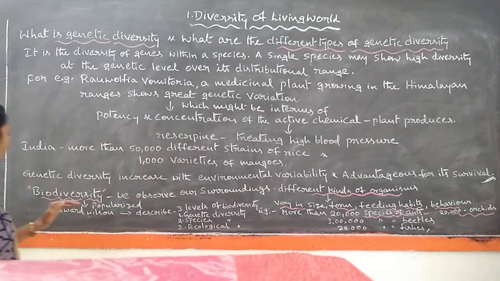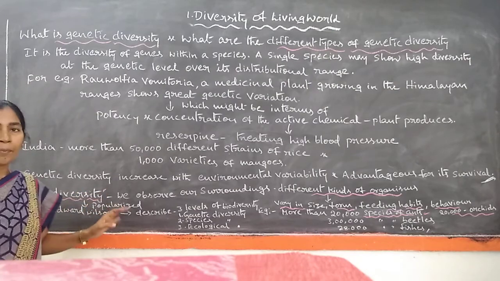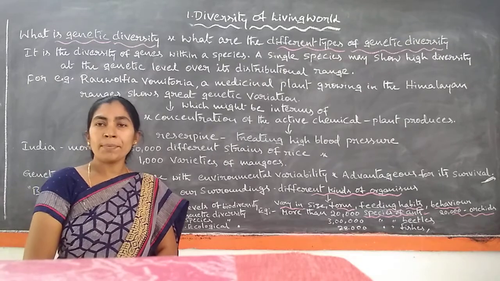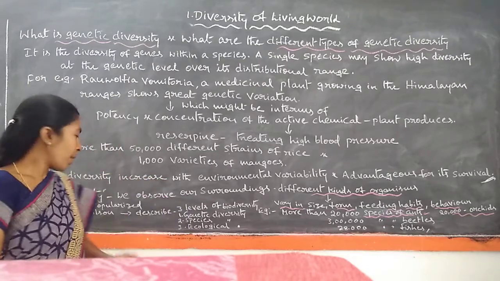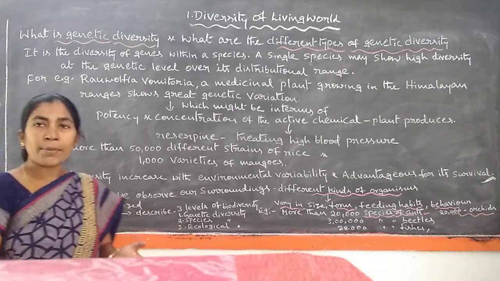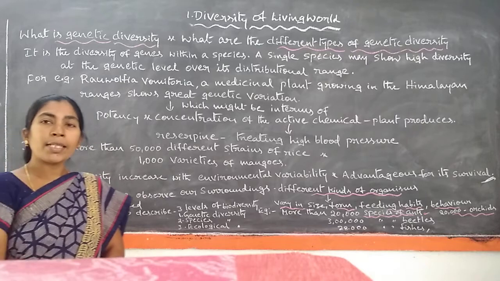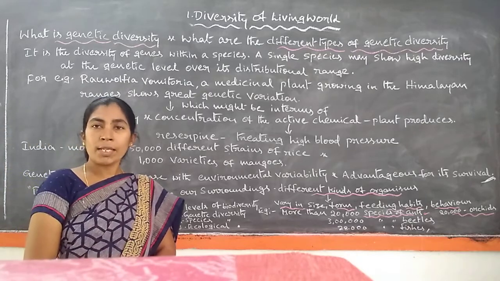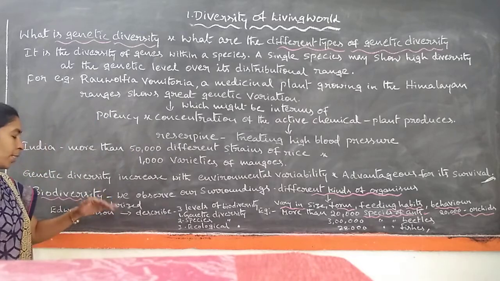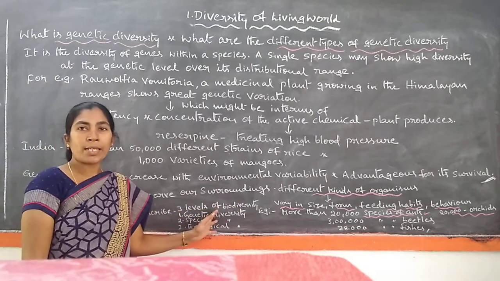The term biodiversity was first described by the scientist Edward Wilson, a sociobiologist. He popularized the term when he described the levels of biodiversity.